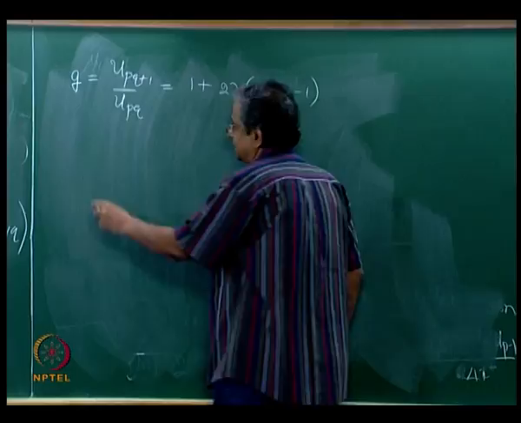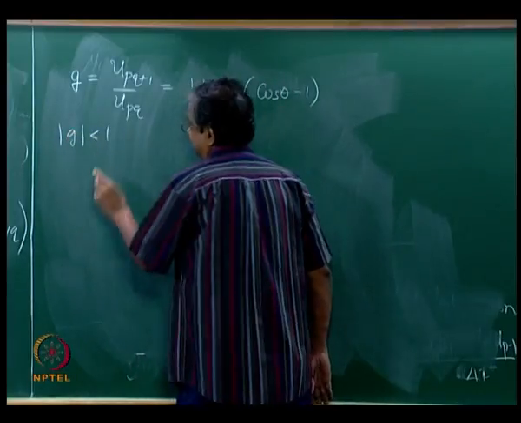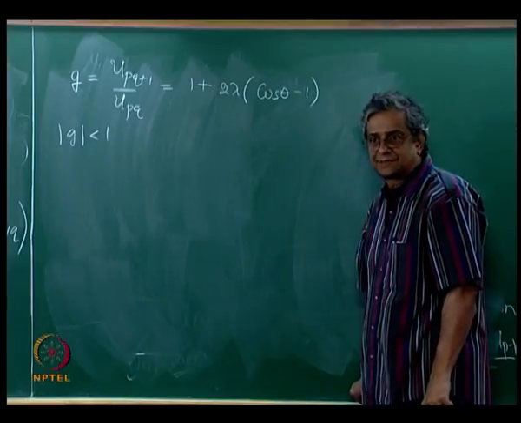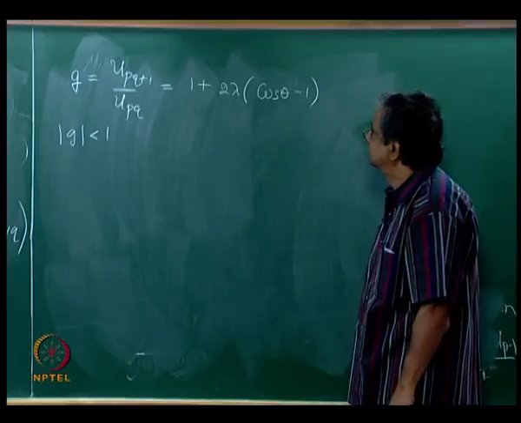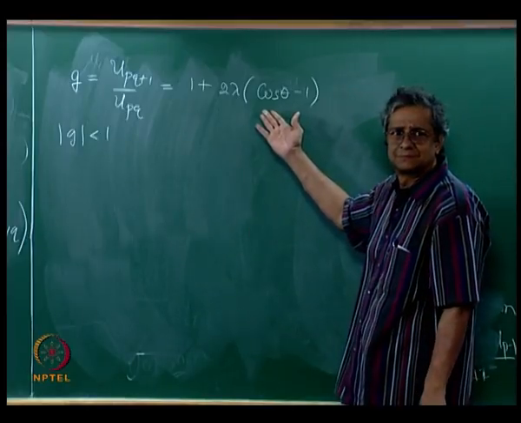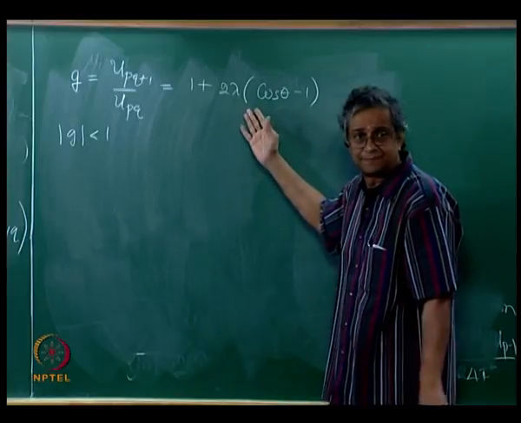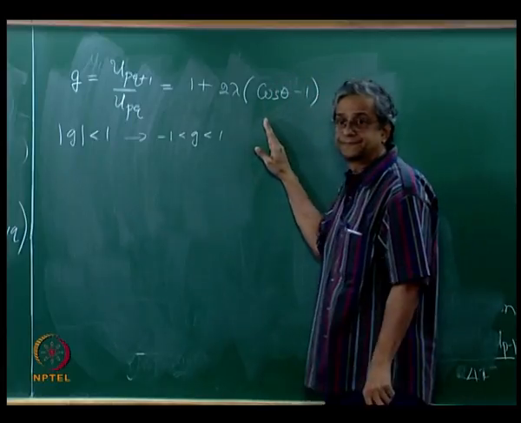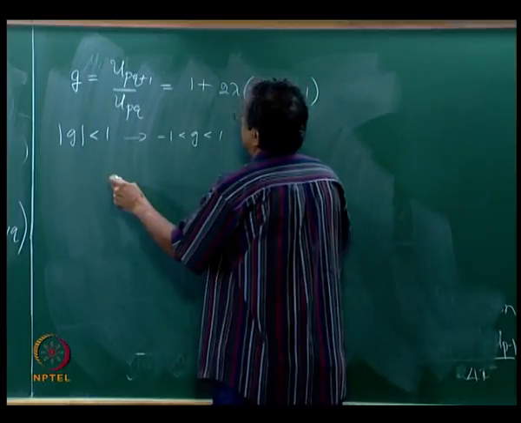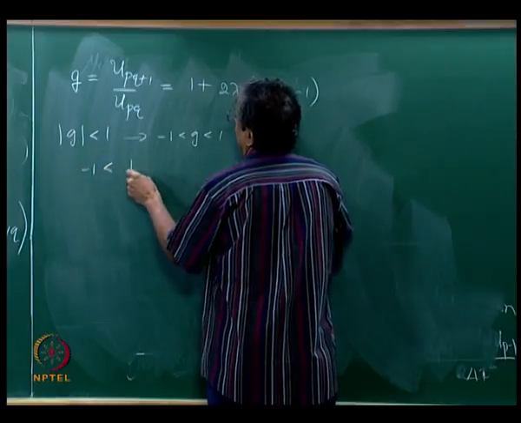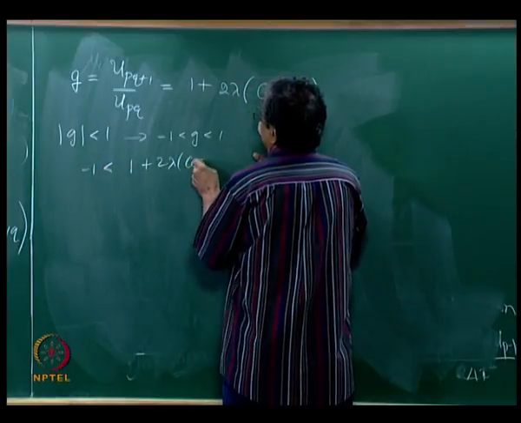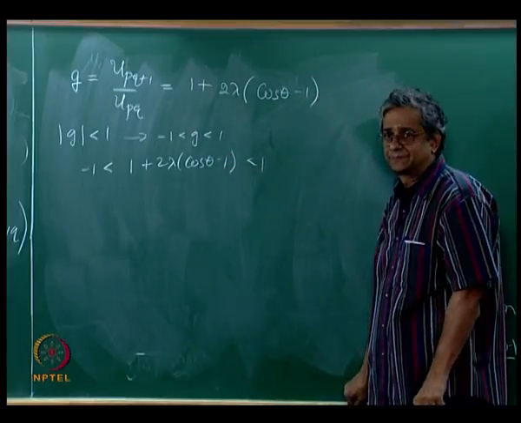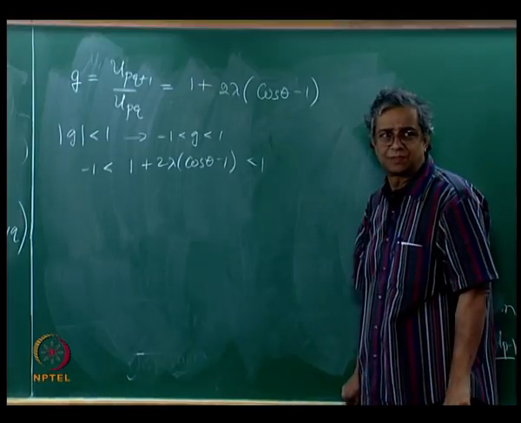And I want mod G to be less than 1. Mod G less than 1, what does that tell me? This is real. Mod G less than 1 tells me minus 1 less than G less than 1, or minus 1 less than 1 plus 2 lambda cos theta minus 1 less than 1. Which way do we want to do this? You have to take an inequality at a time and see what happens.